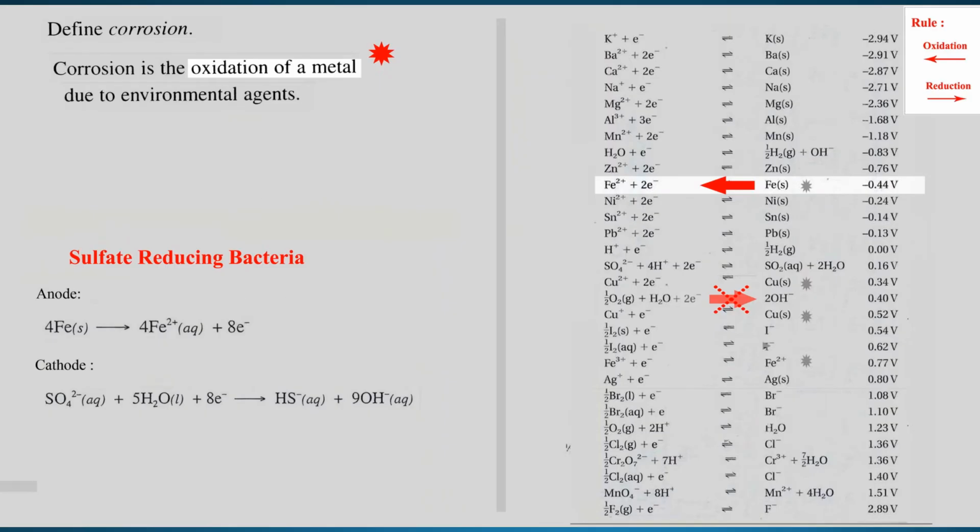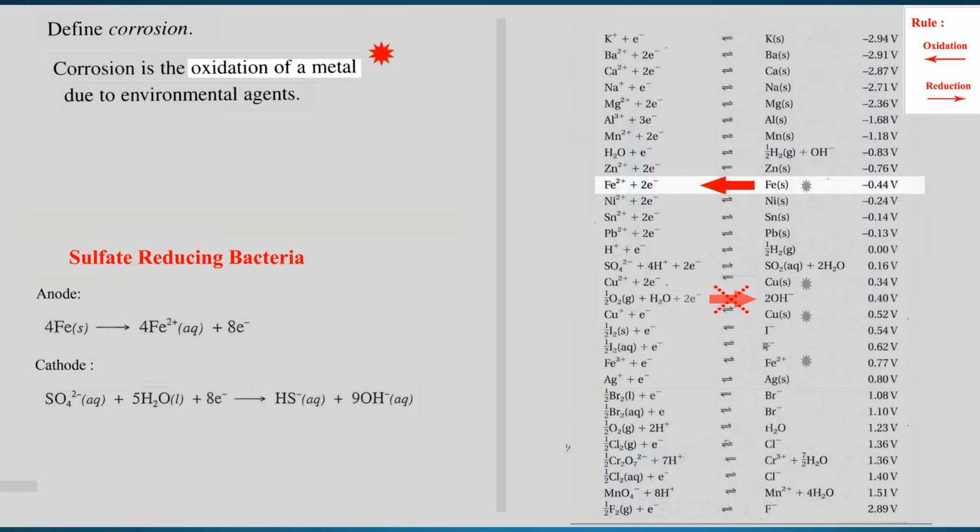By the definition of rusting, corrosion is the oxidation of metal due to an environmental agent. So iron oxidizes. If you look onto the standard reduction potential table, you will find where it would be reduced to. Normally it is reduced with oxygen and water to form hydroxide. This is our normal rusting. But now in the deep ocean, you have no such rusting.